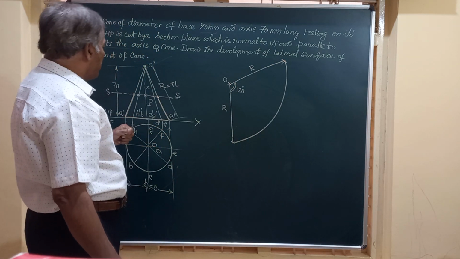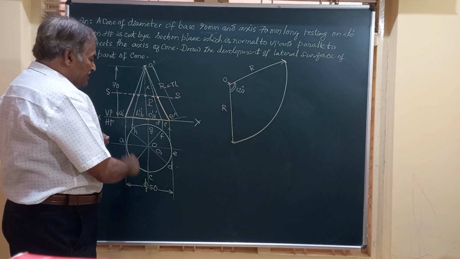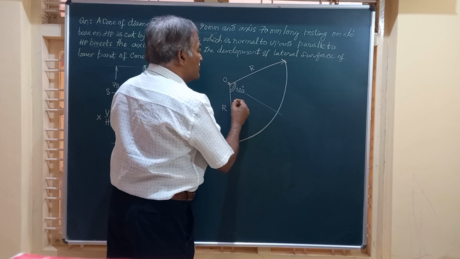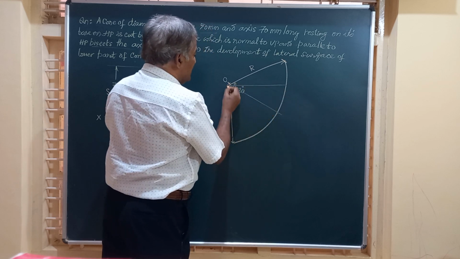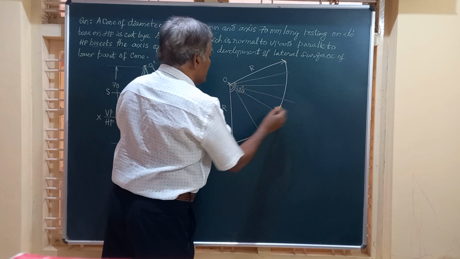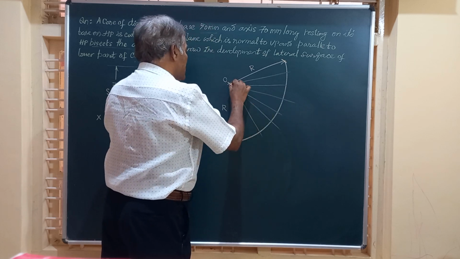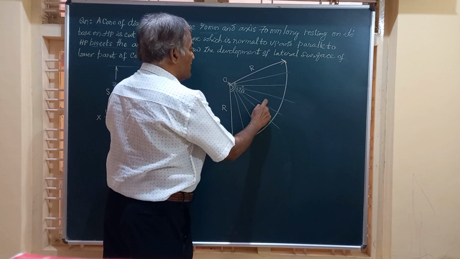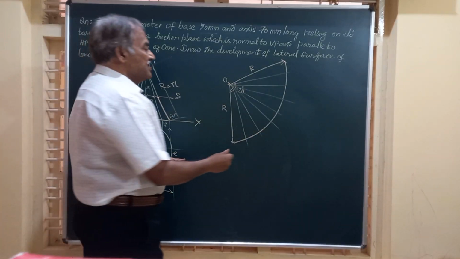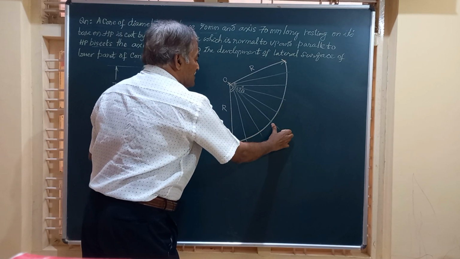Friends, here let us divide this periphery into 8 equal parts. Divide into 2, then again divide further into 2 more divisions, and friends, you have divided this into 1, 2, 3, 4, 5, 6, 7, 8. The periphery is divided into 8 equal parts.